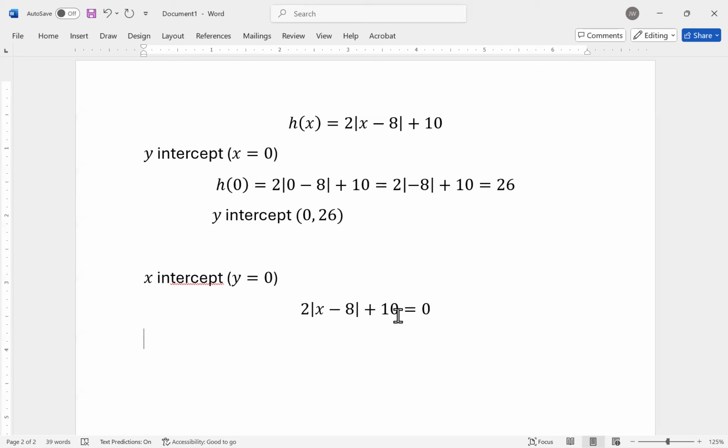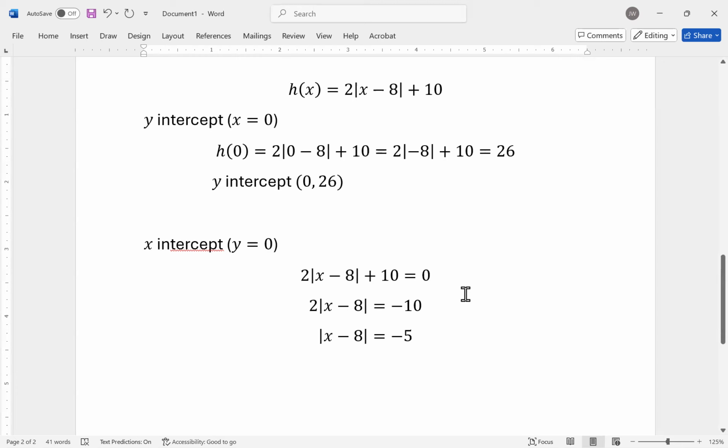Then we solve this. The first thing I would do is subtract 10 from both sides. And then I would divide by 2. That gives me absolute value of x minus 8 is equal to a negative 5.